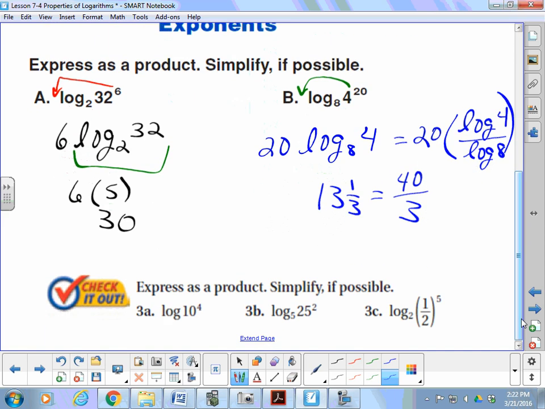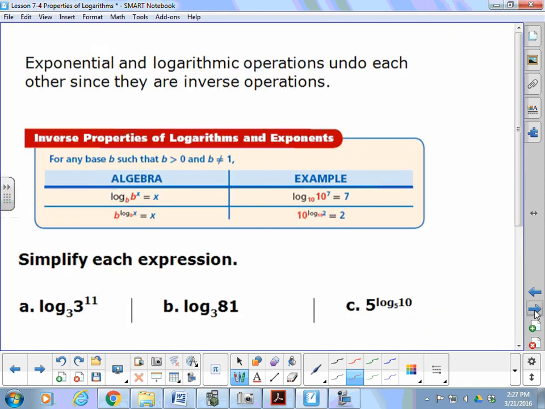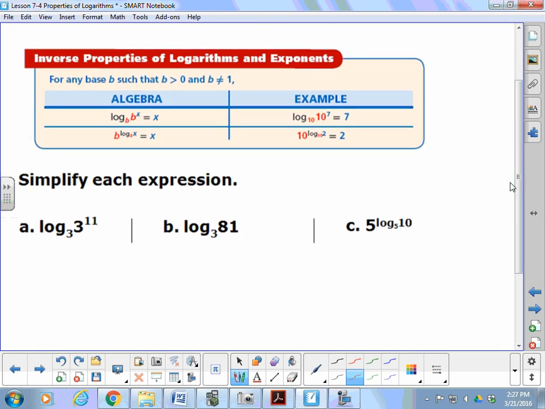All right. So go ahead and, the next one is called the inverse properties, which basically applies to what we were just talking about when we have the same base as the thing next to it. Whatever the exponent is, that's what we get.